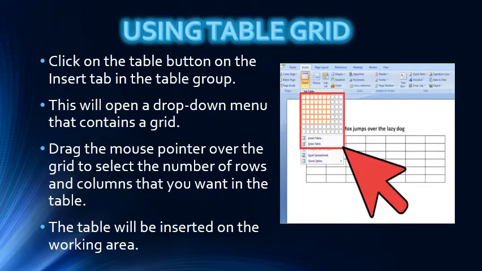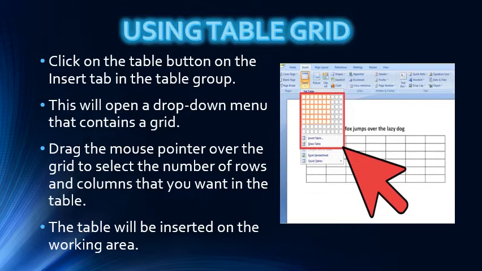Drag the mouse pointer over the grid to select the number of rows and columns that you want in the table. The table will be inserted in the working area. As you can see, we just drag the mouse pointer to select the number of rows and columns inside the table.